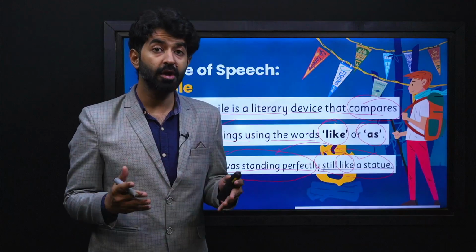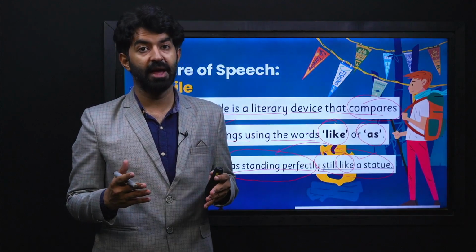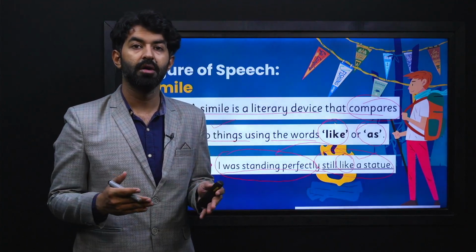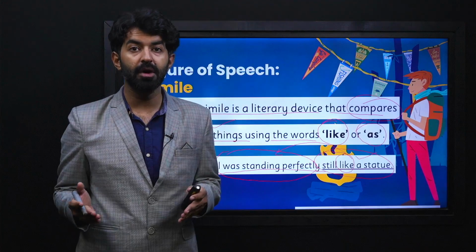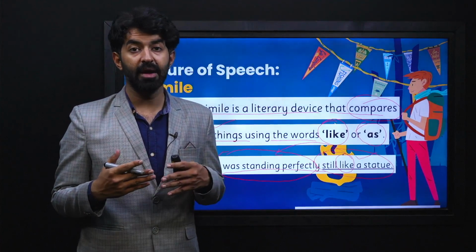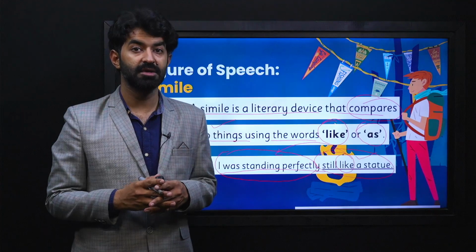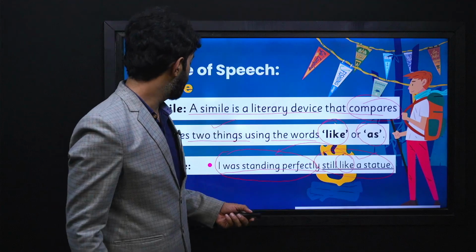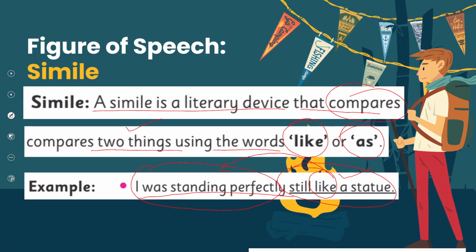Or you can also use words as much as, or as cool as a cucumber. So like and as are used for our similes. In simile, we just compare two things using the word like or as.